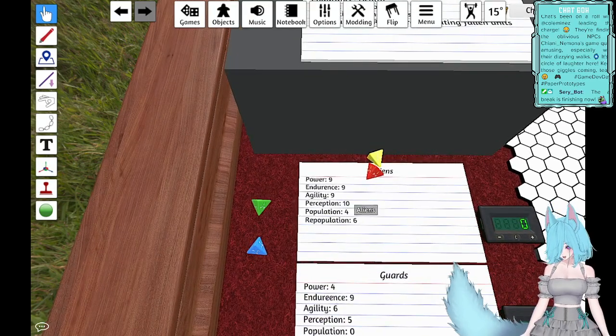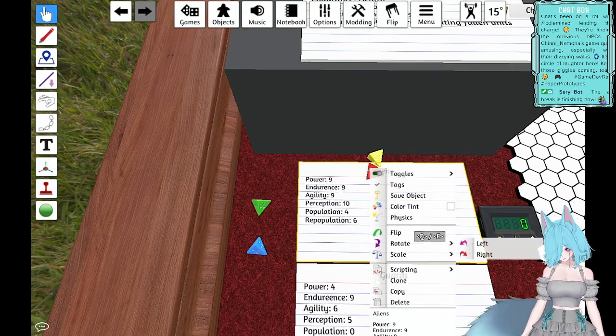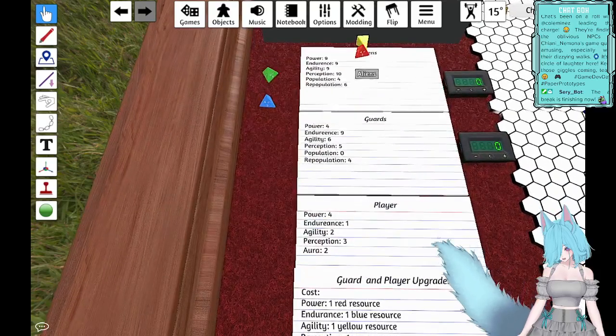However, I don't even need a calculator for this. Their repopulation is 9.